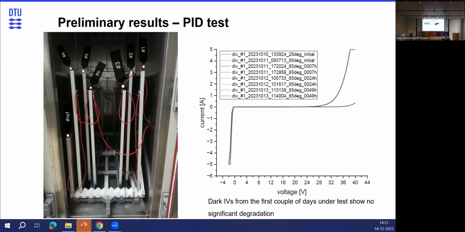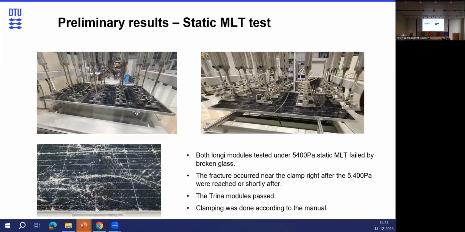They didn't show a lot of PID degradation, but some of them showed issues with static load testing, especially one type of module in particular. When they were clamped, 2 of them were tested from the same type, and both of them failed, whereas the other types didn't fail. So there seem to be some issues there.